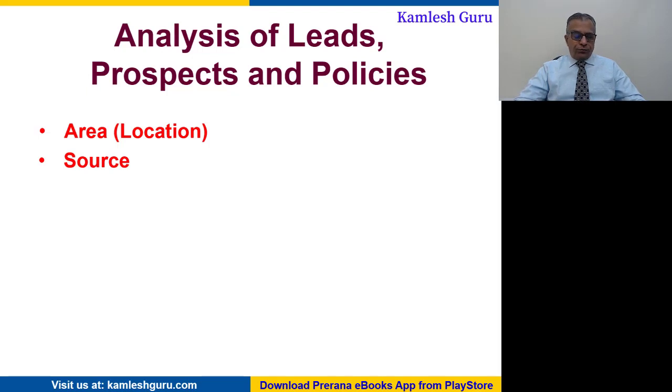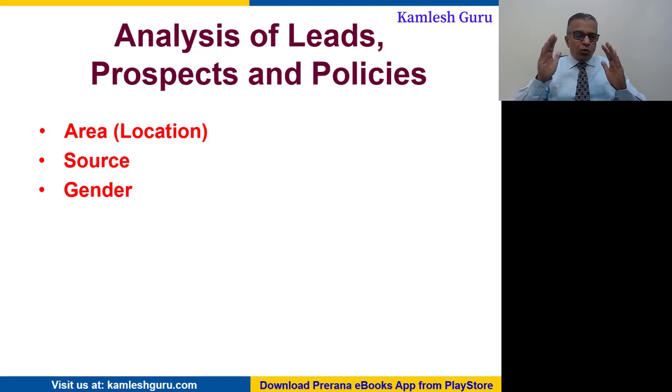Second is source. You will come to know whether you are using only one source of prospecting or making use of all sources. Which source gives you better results, so that you can focus on that source and also focus on the other sources where you are not making any progress. Third is gender.